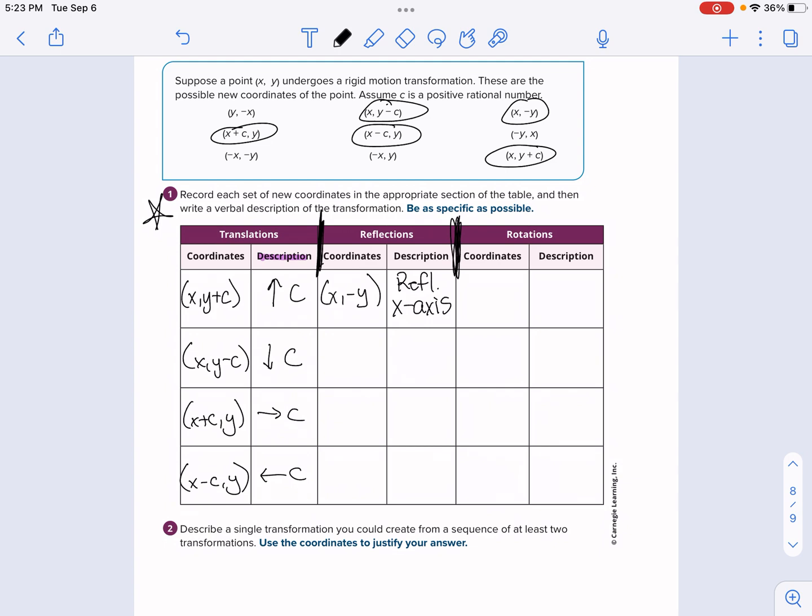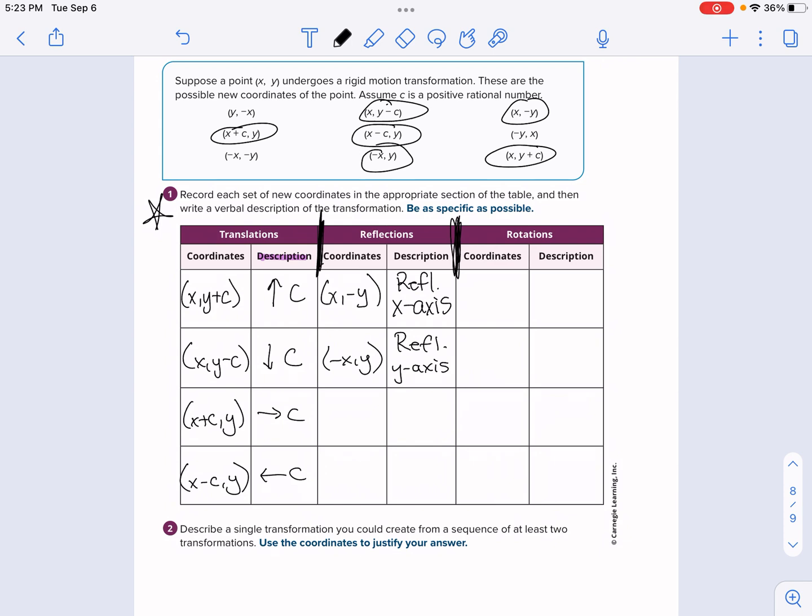Always change the other one, that is the opposite. And the other one is right here, negative x comma y. Since we're changing the x, this means reflect about the other axis. This is reflecting about the y-axis. So if you reflect about the y-axis, just change the x variable.